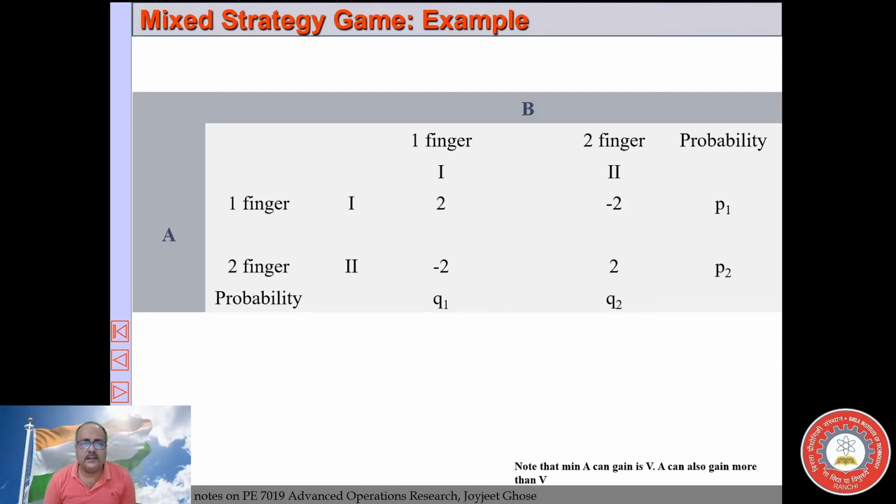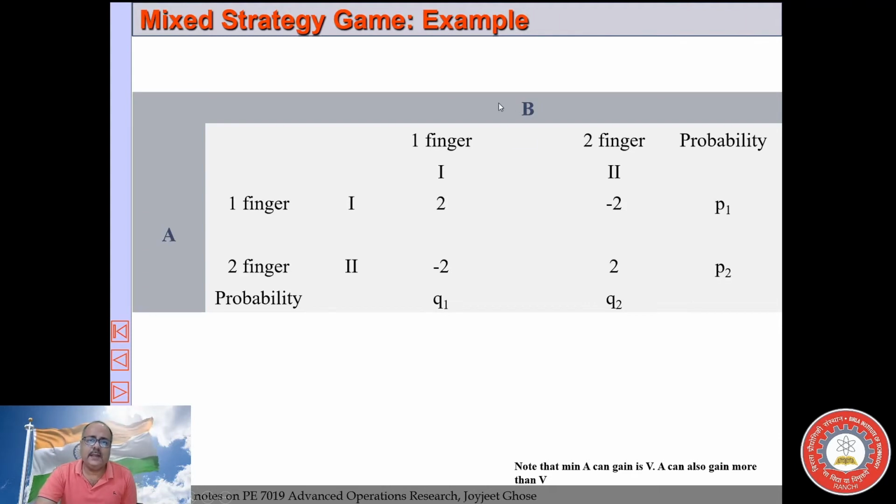Let us say that B is playing strategy 1. Now if B is playing strategy 1, how much does A gain or lose? A's gain or loss will be equal to the number of times A plays this strategy, and if he plays this strategy, A stands to gain 2. So it will be 2P1 plus the number of times A plays strategy 2 and its payoff, which is minus 2 into P2.